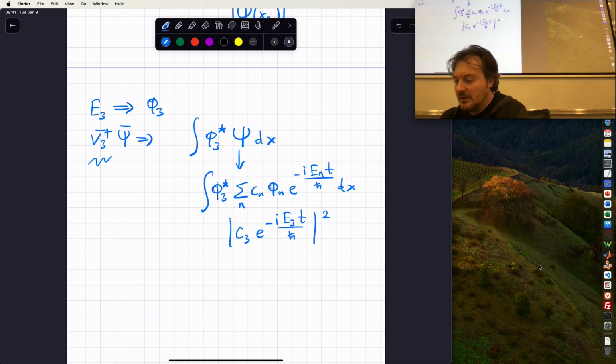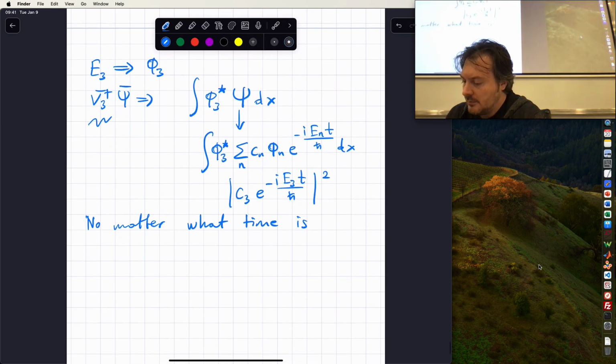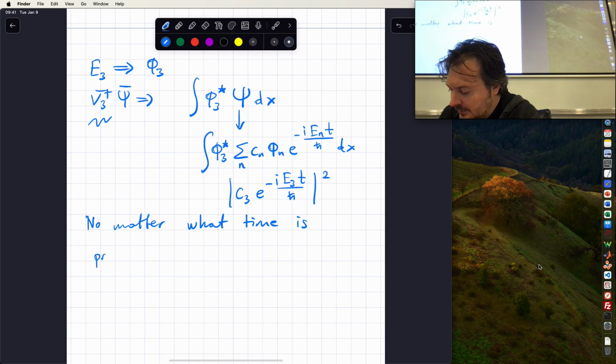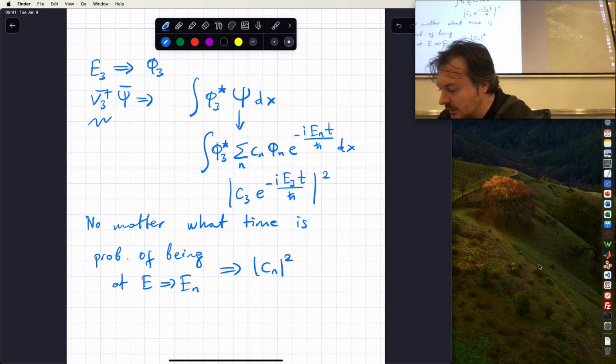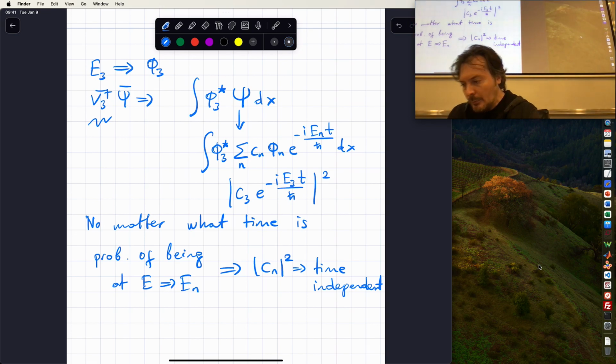So that's a very important thing, that no matter what time is, the probability of being at energy En is Cn squared, and it's time independent. Time independent. That's why.